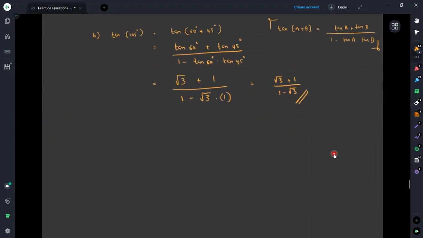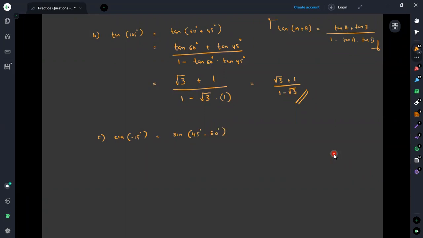Then the next one is sine minus 15 degrees. We can obtain this as sine of 45 degrees minus 60 degrees.